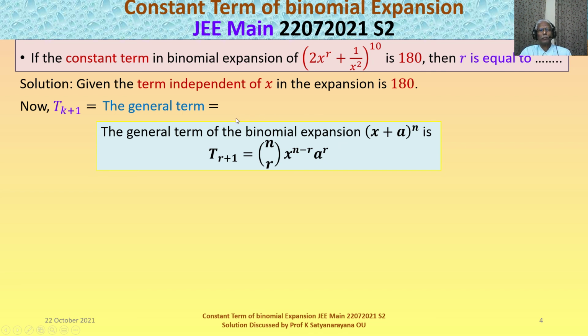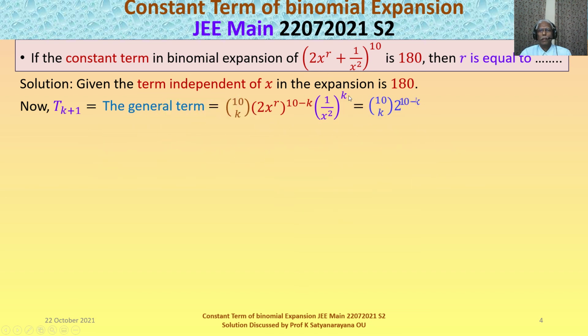In our case, it is 10Ck (2x^r)^(10-k) (1/x^2)^k, and that is equal to 10Ck 2^(10-k) x^(10r - kr - 2k), because 1/x^2 is x^(-2) and x^(-2) to the power of k is x^(-2k).